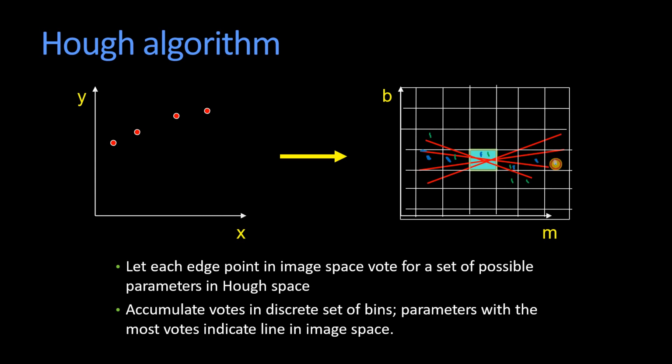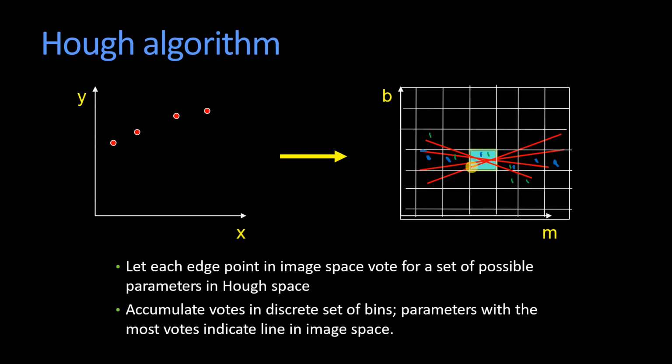And here and here. Okay, so you see practically this line over here is adding votes only in this set of bins, whereas that one was doing it in this direction.